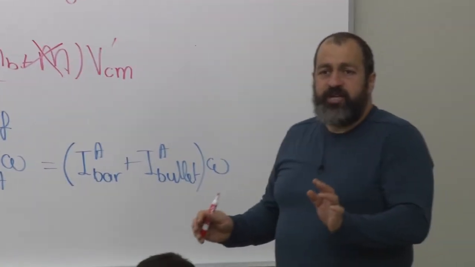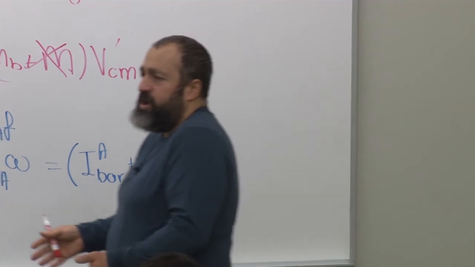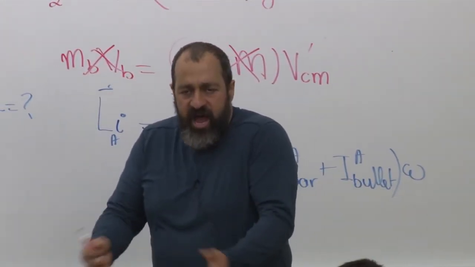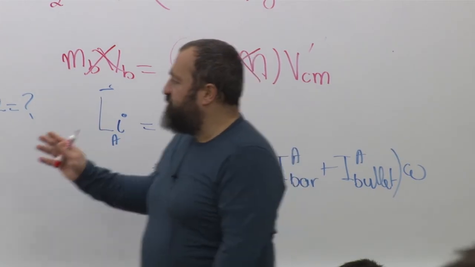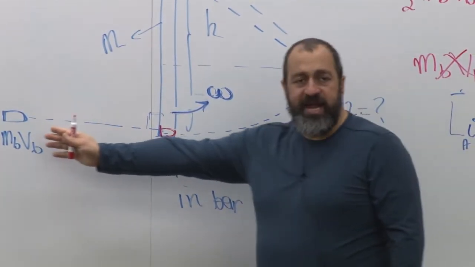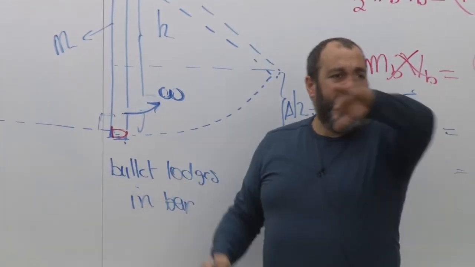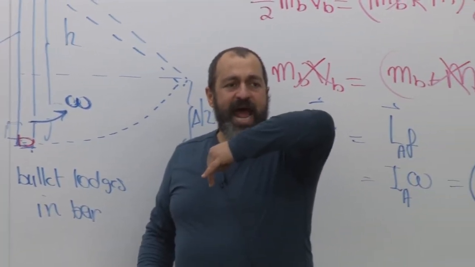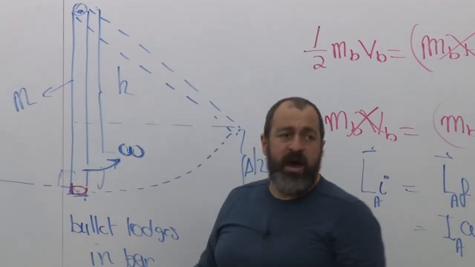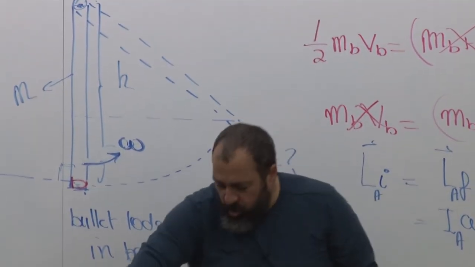So an object that rotates, be it the disk, a point mass, whatever, its angular momentum is written as I omega. We have this bar, and this bullet comes in, hits the bar, and the bar begins to move. Now we have an object that has a moment of inertia I about A and is rotating.